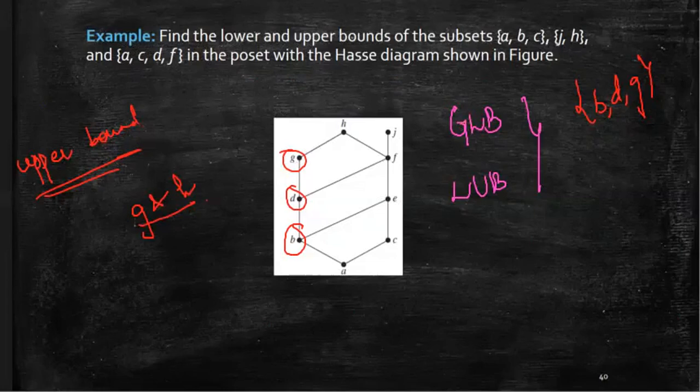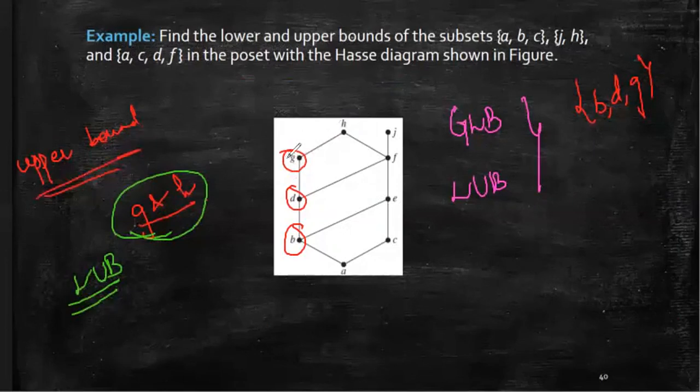Now, what does the term least upper bound mean? Least upper bound means, among G and H, which is the minimal, which is at the bottom level among G and H. So G is lesser than H, so G is the least upper bound.